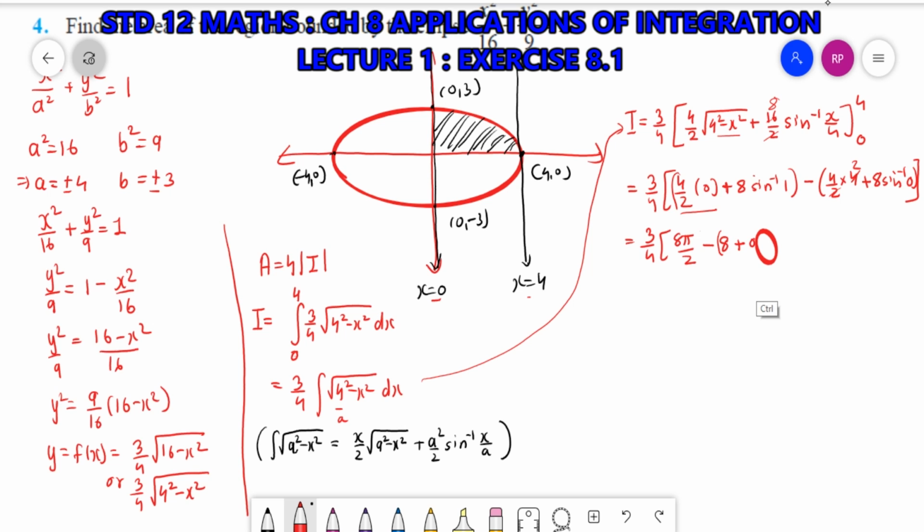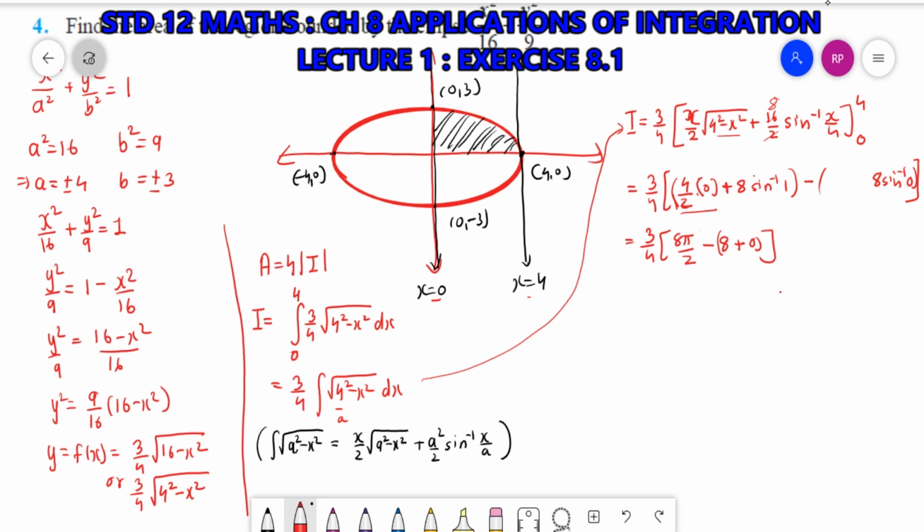Sorry, here we are making a mistake. Actually it's x by 2, not 4 by 2. So instead of x I will put 4, and in this case let me change it once again.